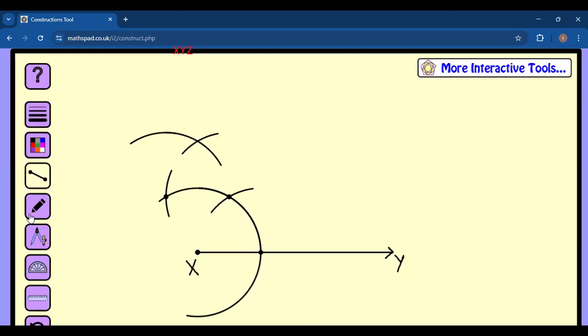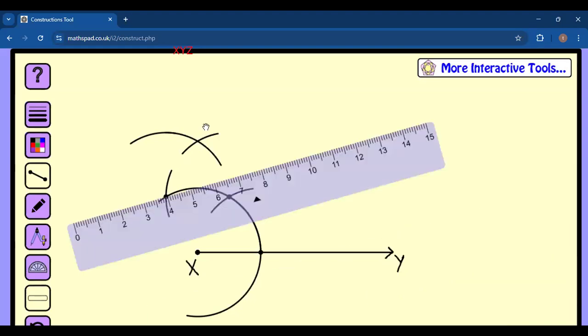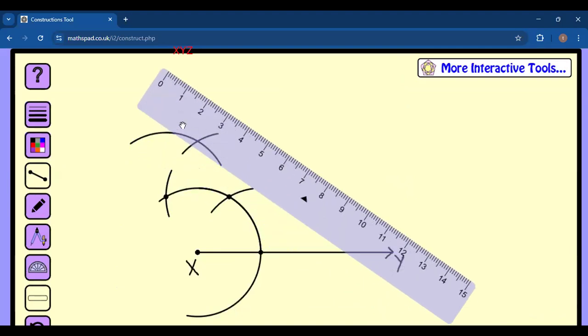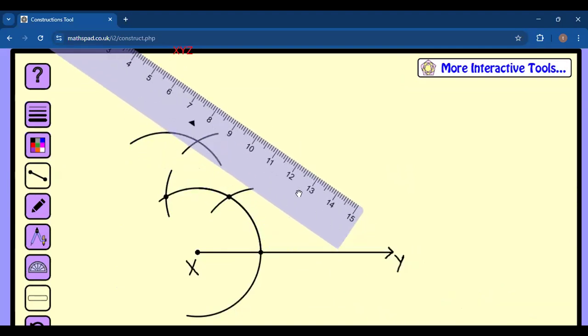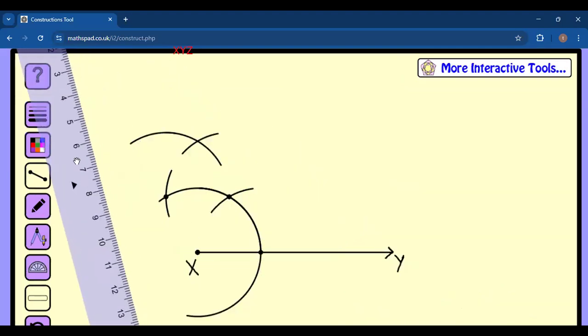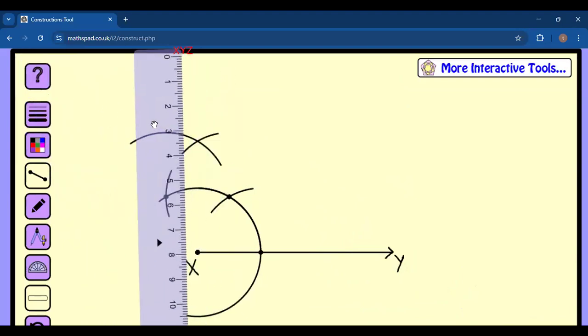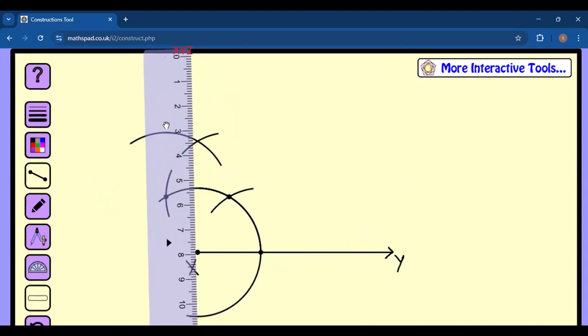I'm going to come here and draw a straight line. The line should connect this with that.